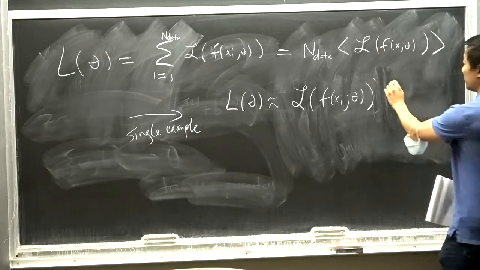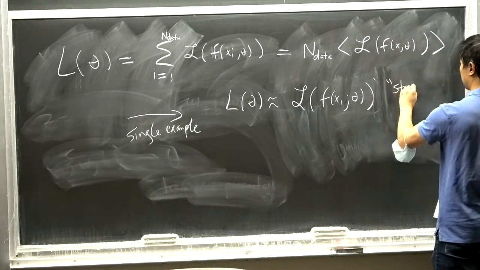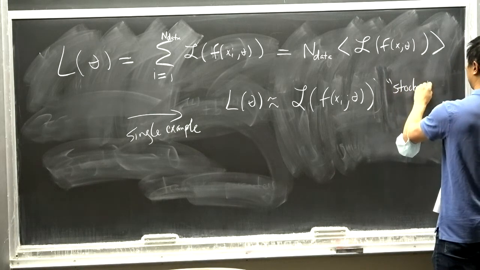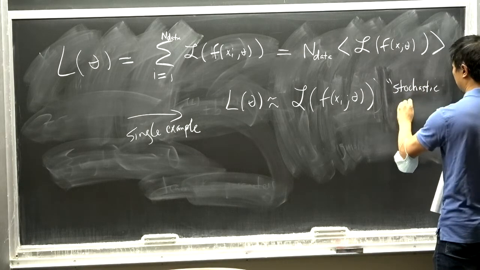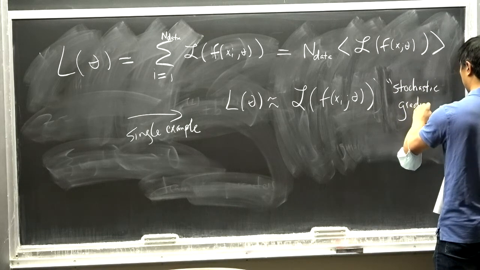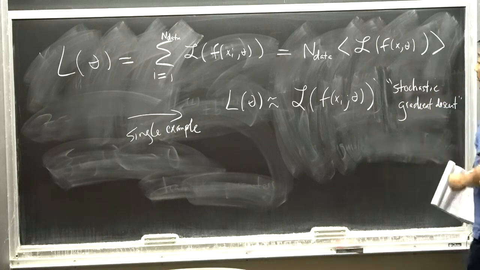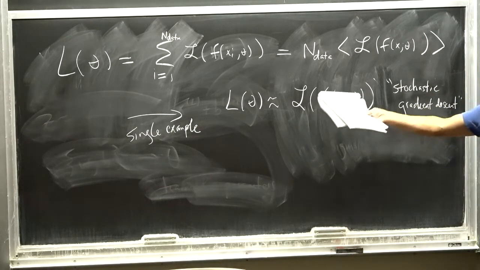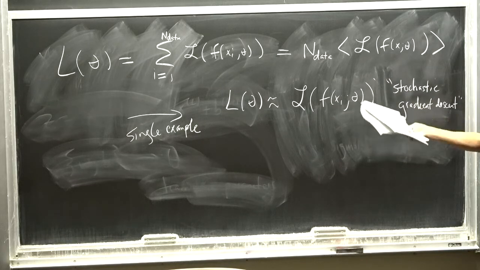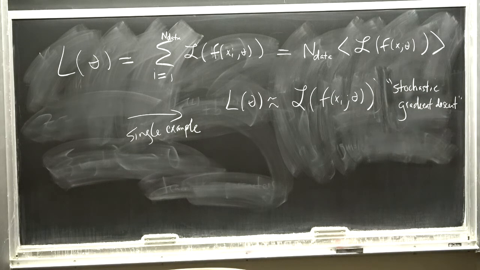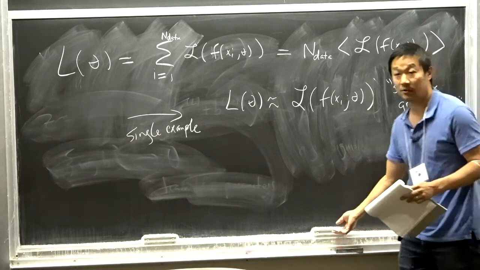This is called stochastic, or the most stochastic gradient descent, where you estimate the gradient using one data point at a time. Very noisy. Typically this is a little too noisy for most people's applications.